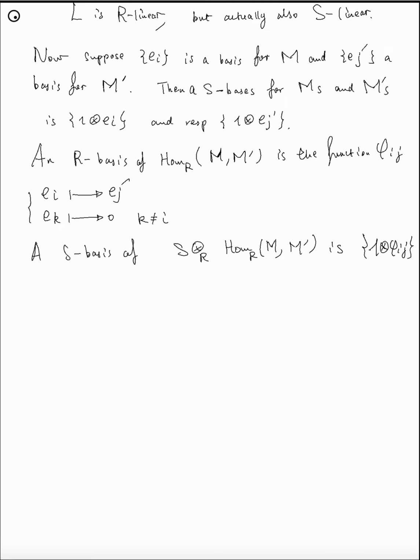Now let's look at the image of the basis element. So L of 1 tensor phi_ij acting on the basis element e_i. What is this? By definition, this is phi_ij(e_i).